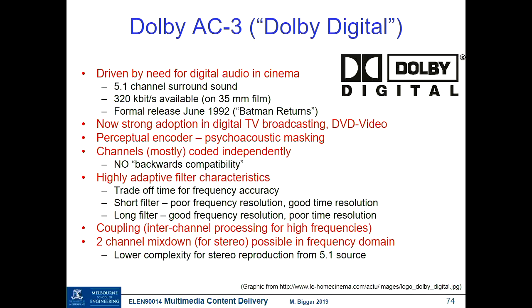So they could provide a single copy of the film print, and if your cinema was only set up for analog audio, it could read the analog audio that was still provided on the film strip. But even if you just bought the Dolby digital decoder but didn't have all the surround speakers and amplifiers, you could still get a good quality stereo reproduction.